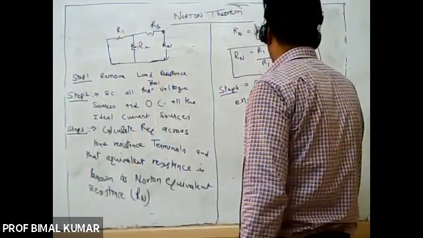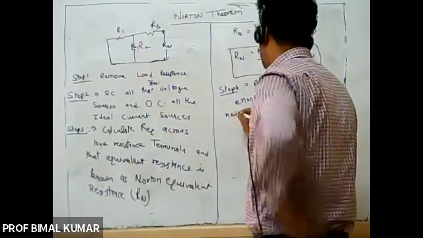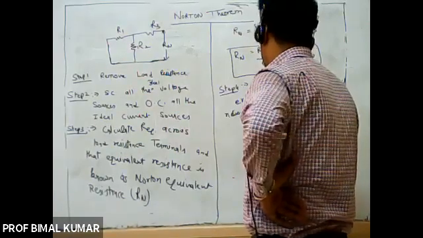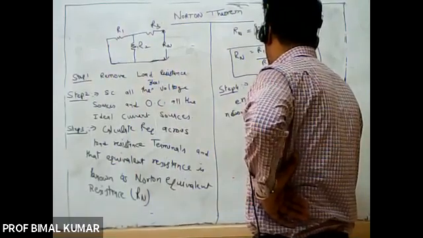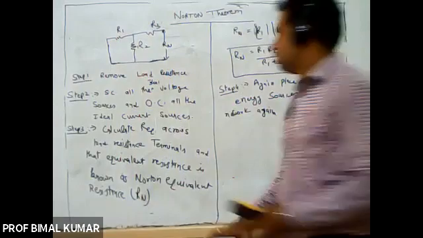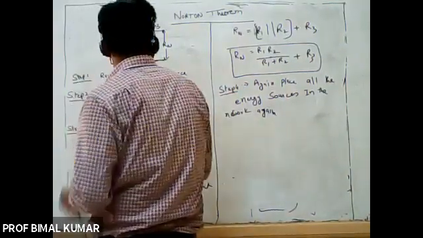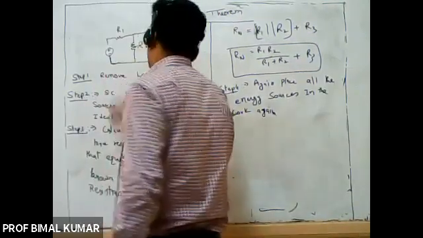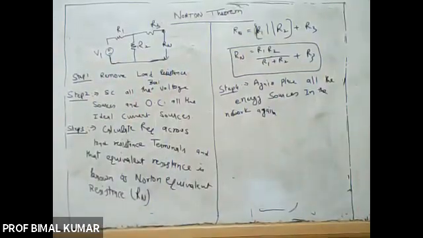So this will be the circuit after applying step 4. Here we are having this voltage source, no other energy source is there.